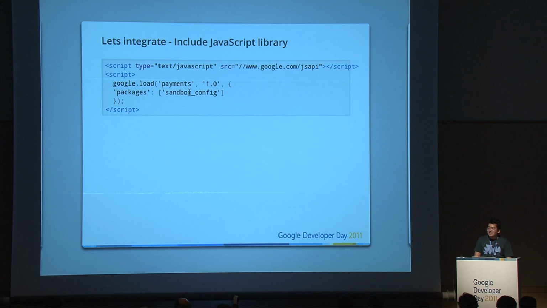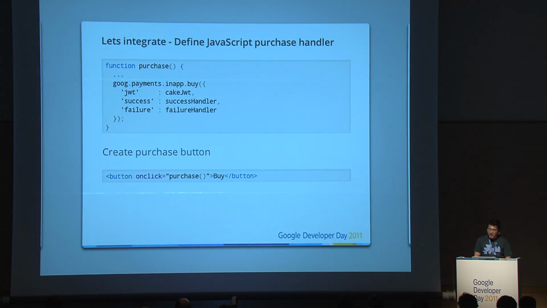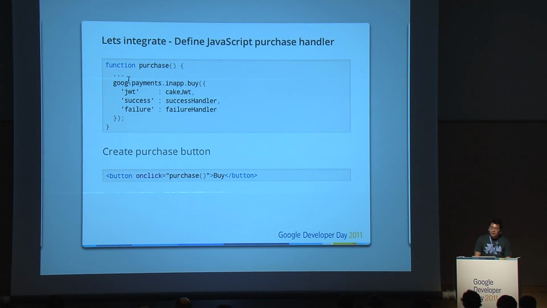Once you've included your JavaScript library, the next step is to define your JavaScript functions. In this case, I have a function called purchase, which simply calls the in-app payments JavaScript, goog.payments.inapp.buy.